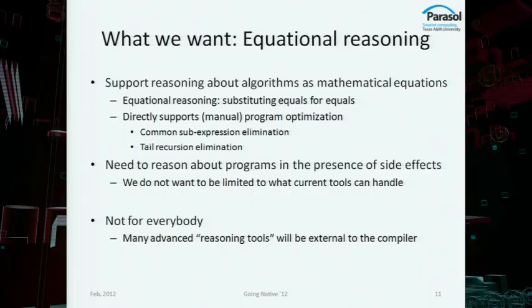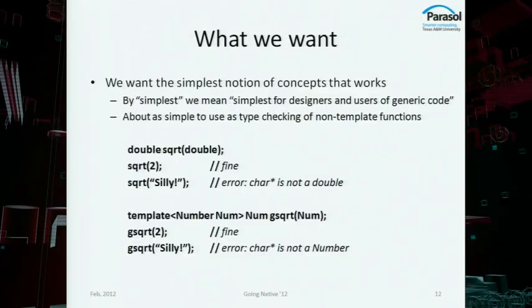The simplest form of that is types of types. And we need to be able to reason about that. So we would like to go there. Lots of people will go there. I think a lot of that will be external to the compiler, at least initially, till we understand what can be done, what can be done cheaply, and what is useful to a lot of people. But we want it to be mathematically safe.